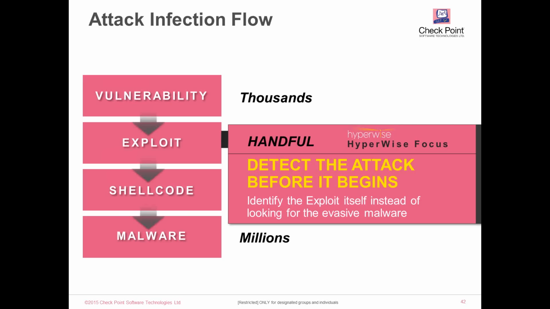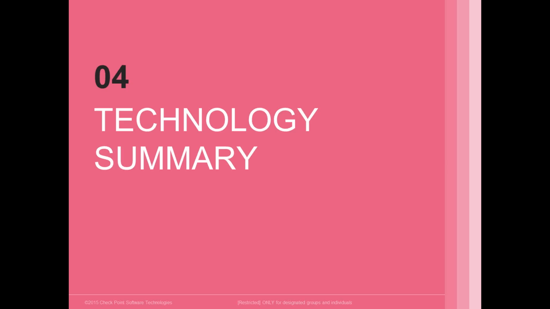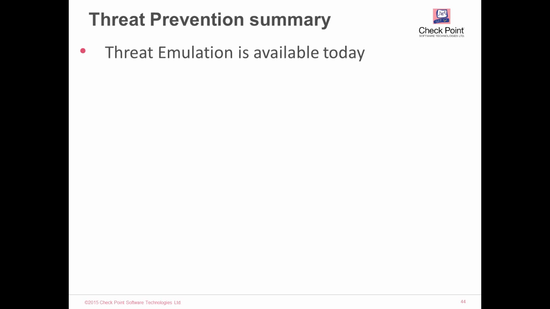But ultimately, there are very few ways to attack a machine, and it's a technology that we've acquired that lets us detect the attack before it actually begins. So before the malware lands and starts to do anything bad, we are able to detect the exploits at a very, very early stage.